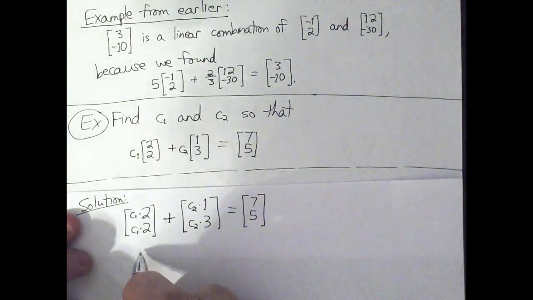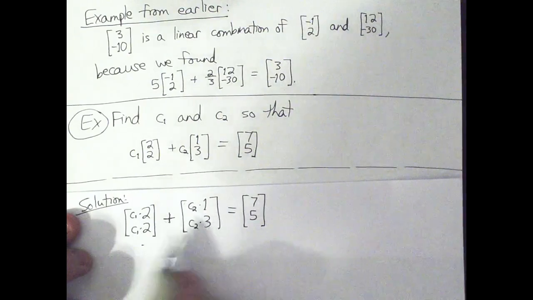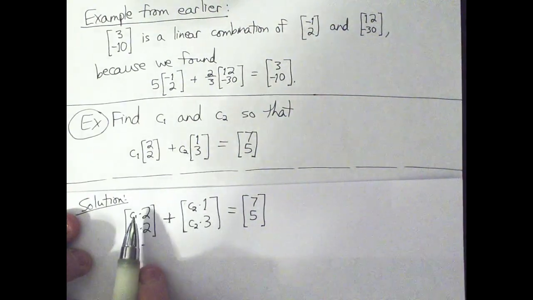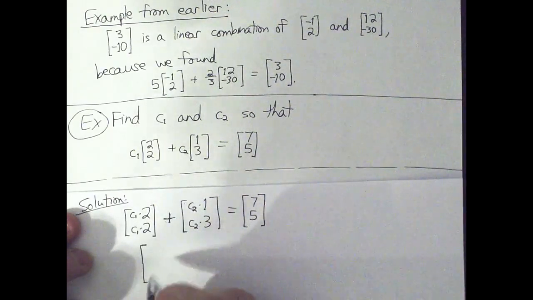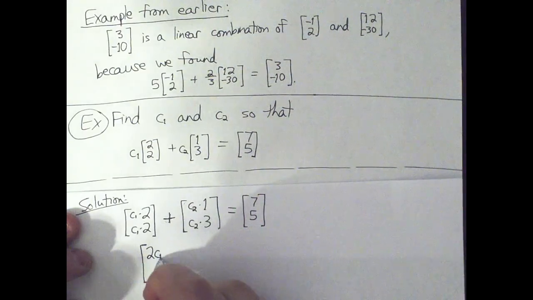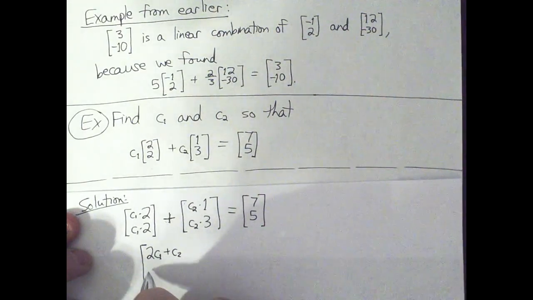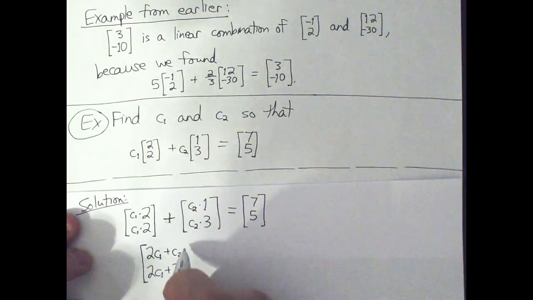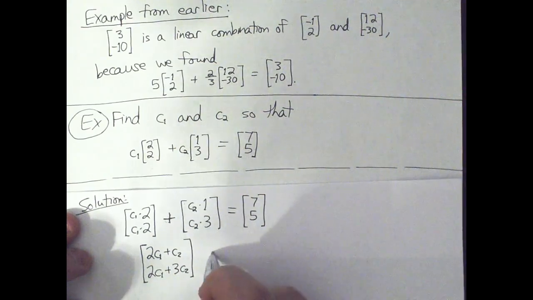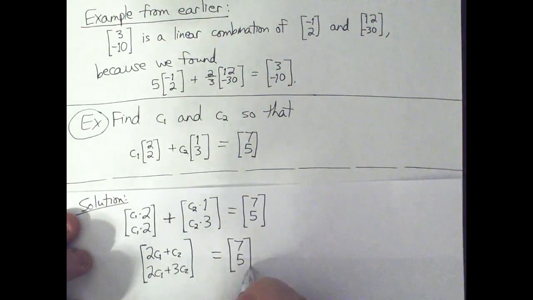I'm going to simplify my left-hand side here. We could add these two vectors, and instead of writing C1 times 2, we could write 2C1. So I have a vector that has 2C1 plus C2, and a vector that has 2C1 plus 3C2, and that vector allegedly equals this vector.